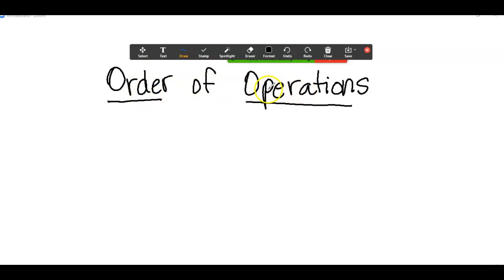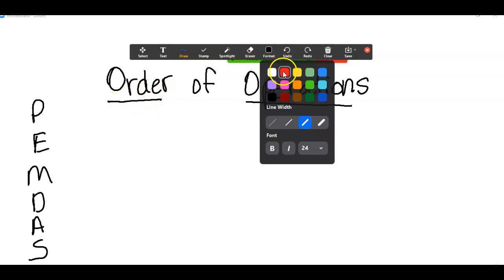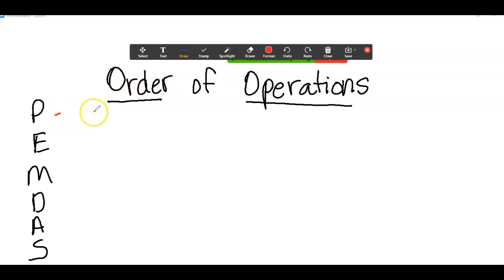So now the what. The what is what we call PEMDAS. That is our acronym for how we remember the steps, the order in which they go. P always stands for parentheses.